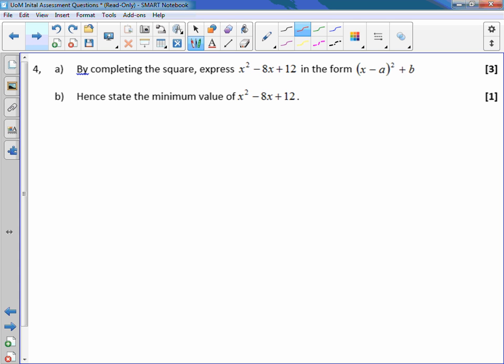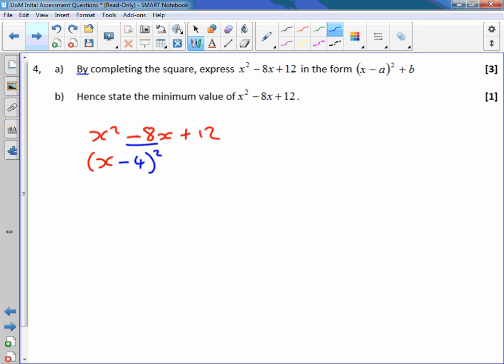So, very quickly, if I've got x squared, take away 8x plus 12, when I complete the square, I'm going to do x, and now I'm going to have to halve my coefficient of x, so minus 4 squared.